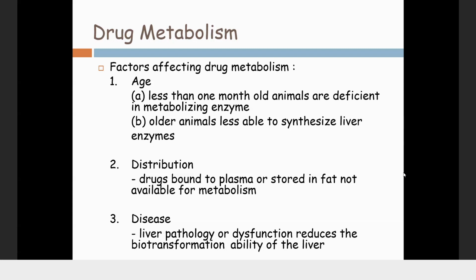If it's all within the normal range, it's no problem. But if you have animals with liver disease, then for the drugs that you administer, you must really be careful with the dose. Need to adjust the dose accordingly to the animal.